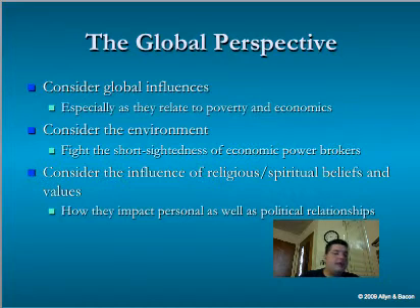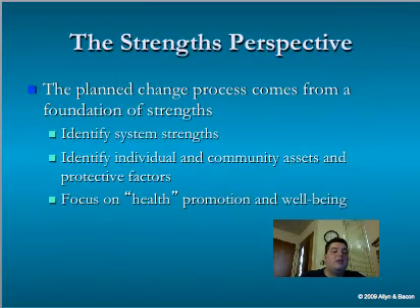Now, when we look at the global perspective, it considers the global influences, especially as they relate to poverty and economics, considers the environment, fights the short-sightedness of economic power brokers, and considers the influence of religious and spiritual beliefs and values. I just covered that earlier as far as the three areas, global, environmental, and spiritual, and how they impact personal as well as political relationships.